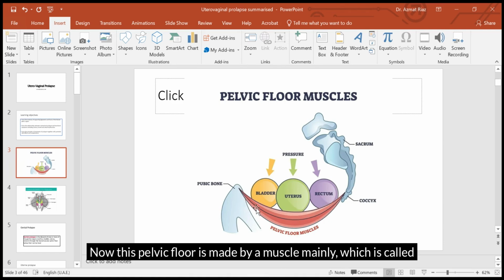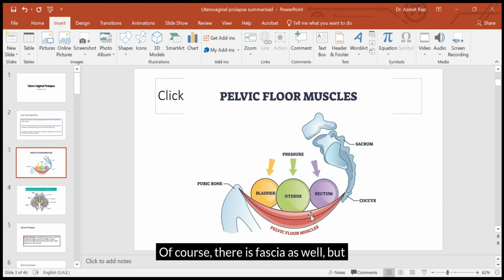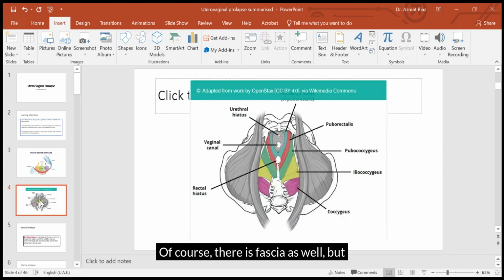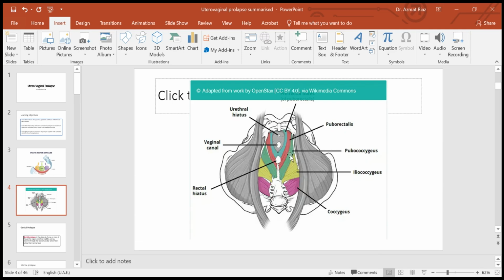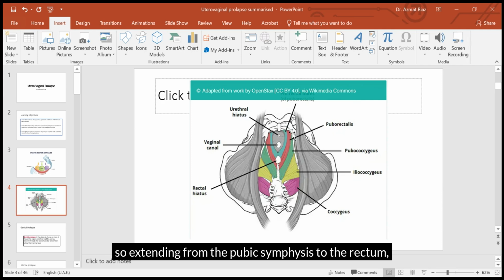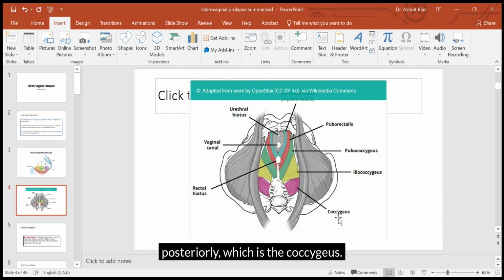Now, this pelvic floor is made mainly by a muscle called levator ani. Of course, there is fascia as well, but levator ani is not simply one muscle. It has different parts, which include puborectalis, extending from the pubic symphysis to the rectum, pubococcygeus, iliococcygeus, and then a smaller muscle posteriorly, which is the coccygeus.